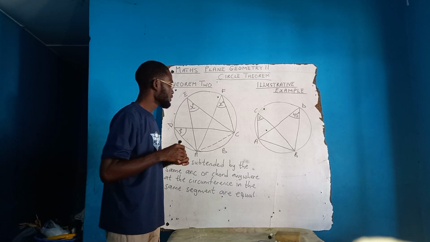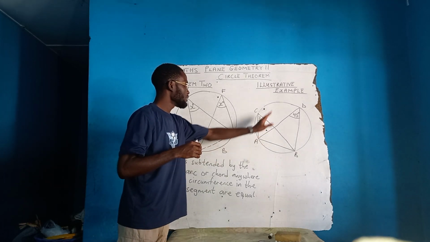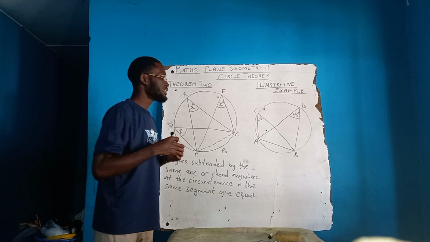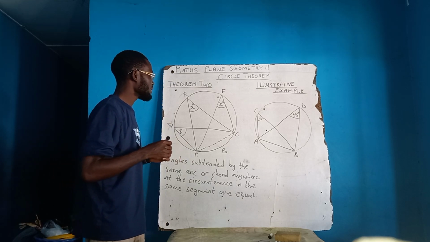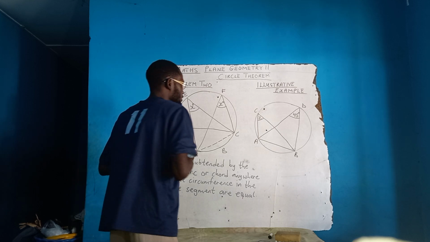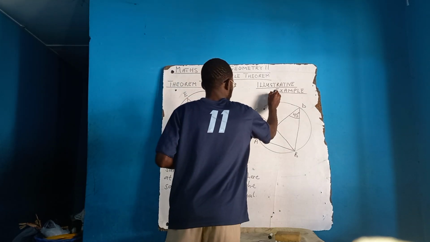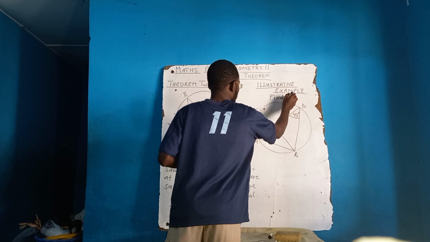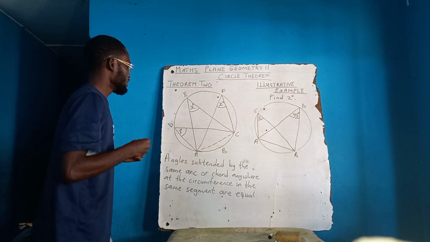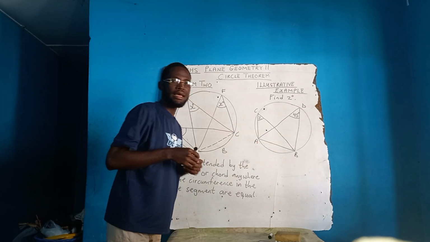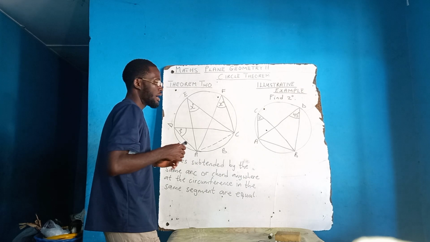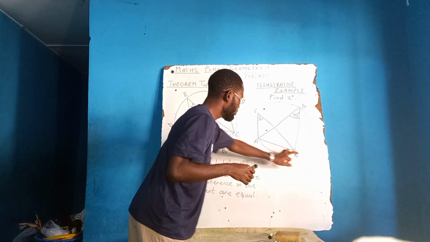So we have angle ADB to be 45 degrees, and we are tasked with finding angle Z. Angle Z is the same as ACB. But here our chord is chord AB.